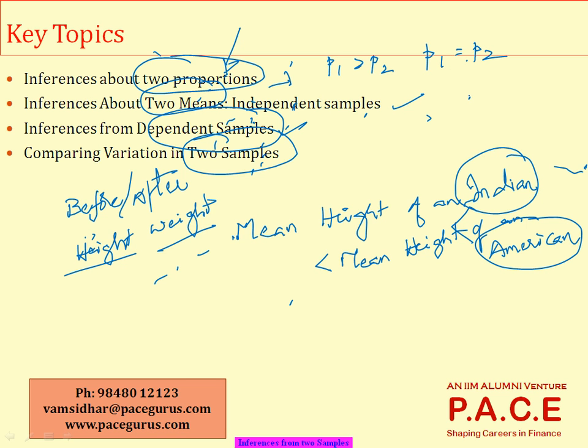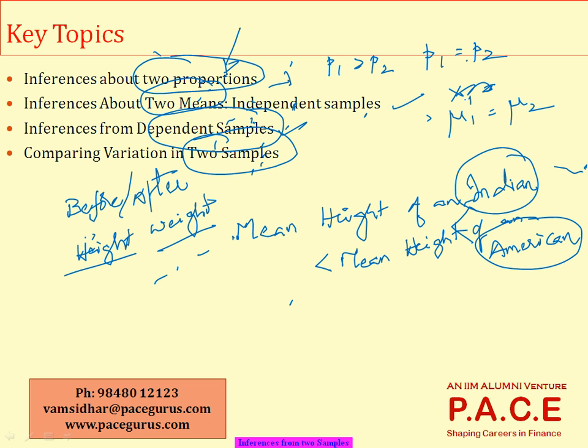Similarly, when I am talking about the means, I will say the population mean 1 is equal to population mean 2, or greater than or equal to, or less than or equal to. Equal to should definitely be there as a part of the null hypothesis, and the alternate is the opposite of that.